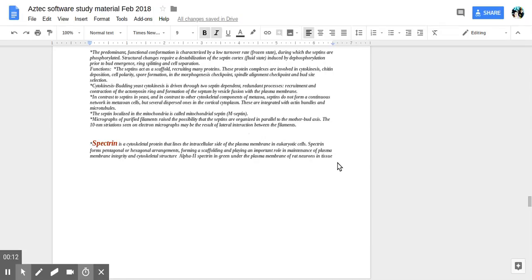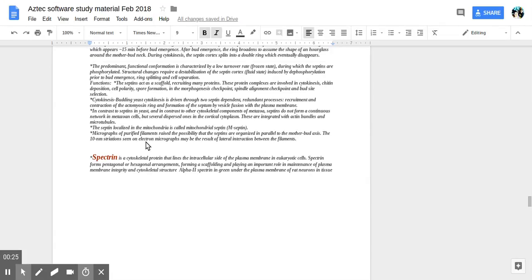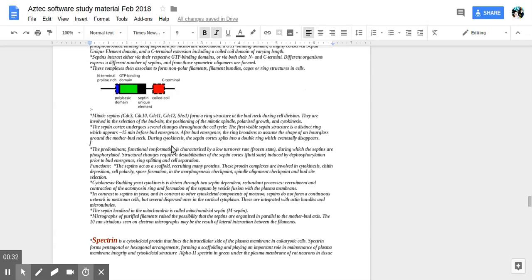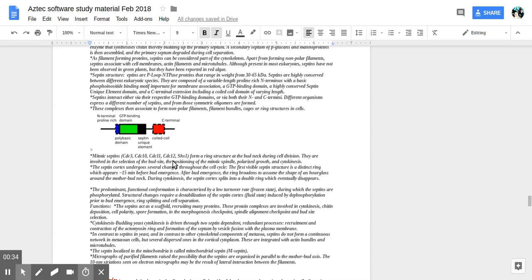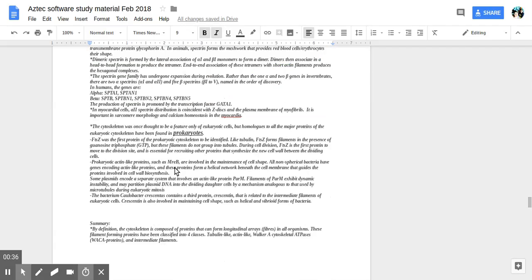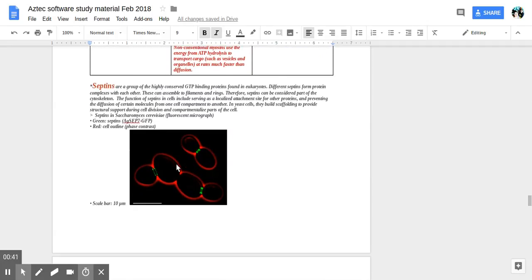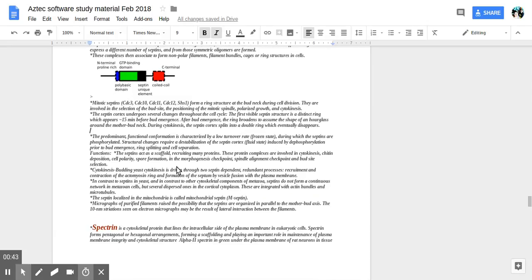We were learning about the components of the cell's interior, and its cytoskeleton. There are proteins called septin and spectrin, so we're learning about those.